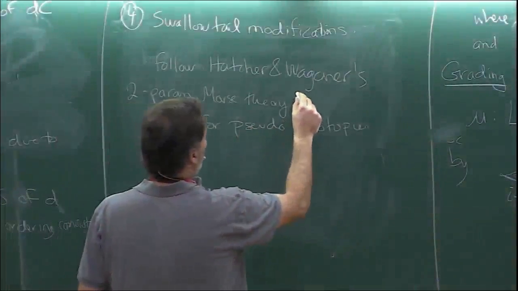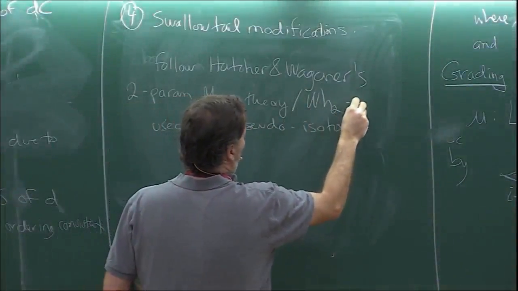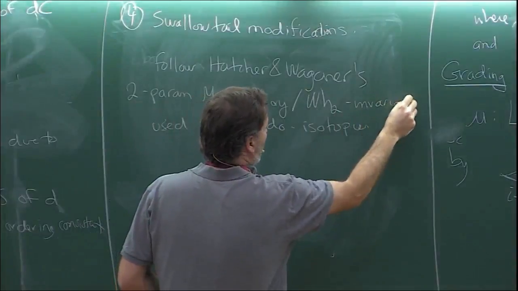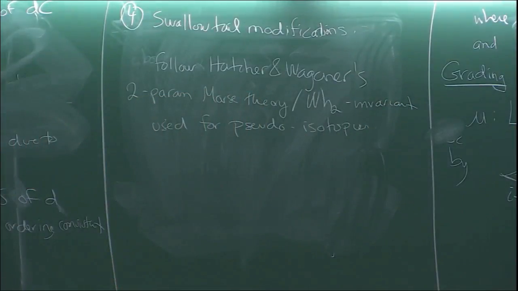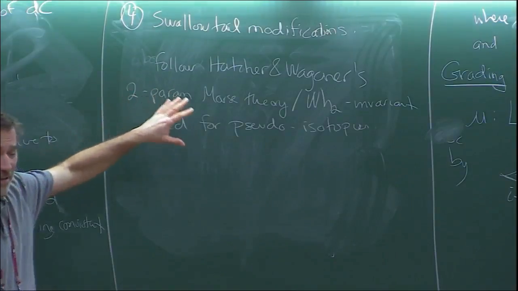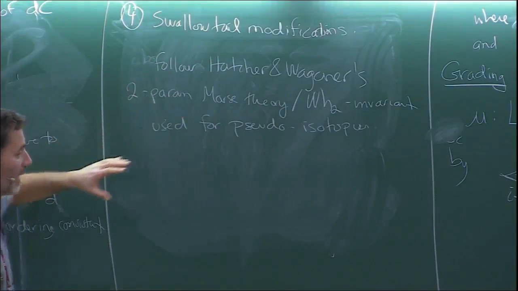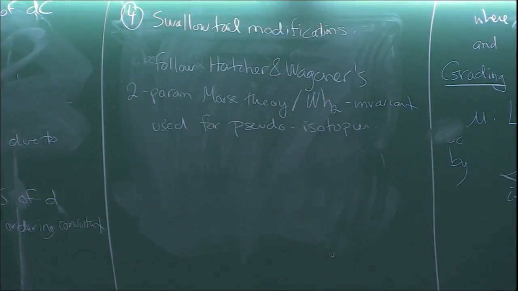They have some Morse theory, which they interpret algebraically into a kind of K-theory invariant known as the Whitehead 2 invariant. And the way they deal with the swallowtails is exactly the way that we change our differential. So I'll just leave it like that.